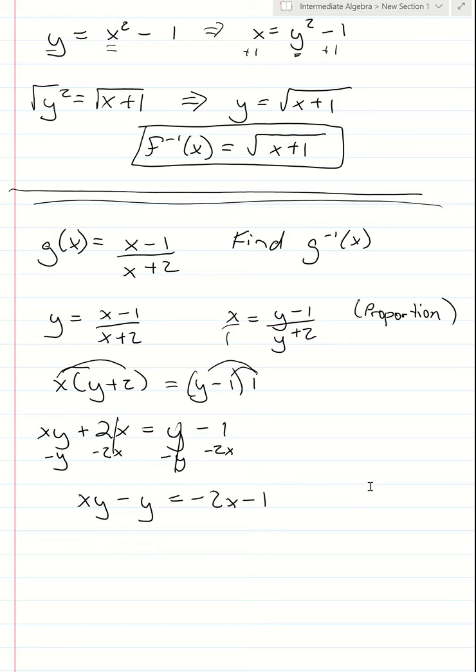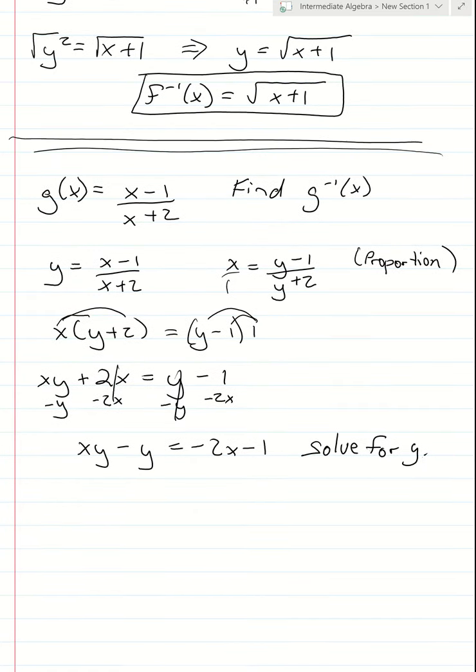Now remember, we're still trying to ultimately solve for the variable y. That's our goal here. Now on my left side, I have two y's. In order for us to get the y by itself out of these two terms, we're going to have to do a little thing called, of course, factoring.